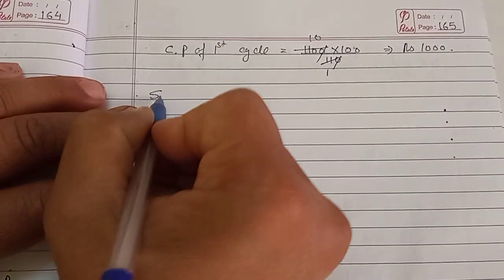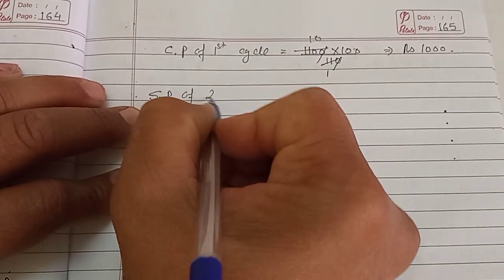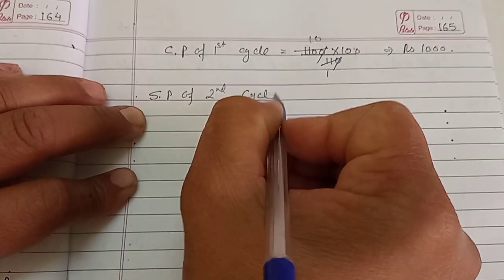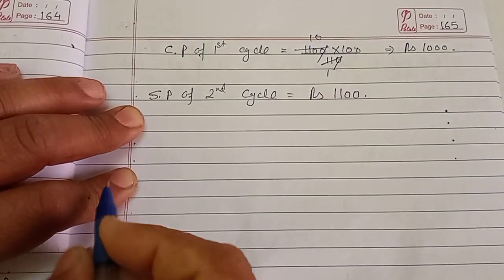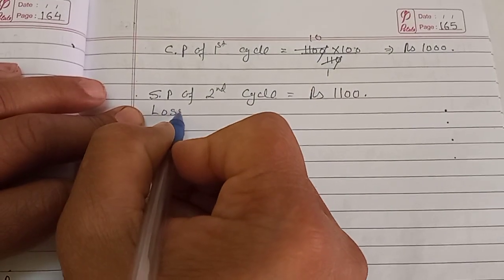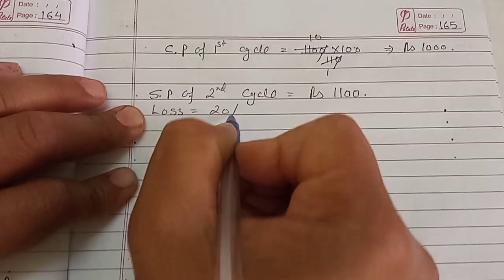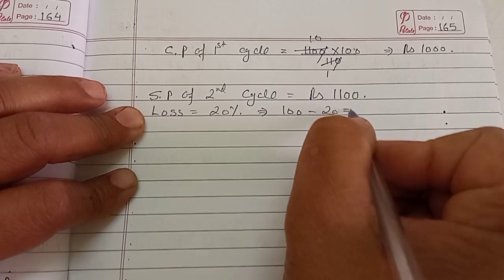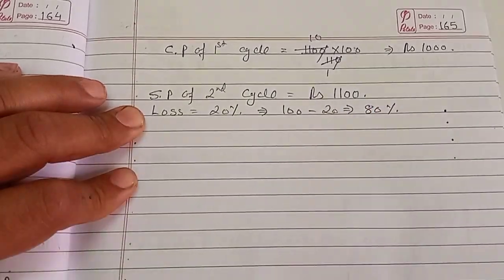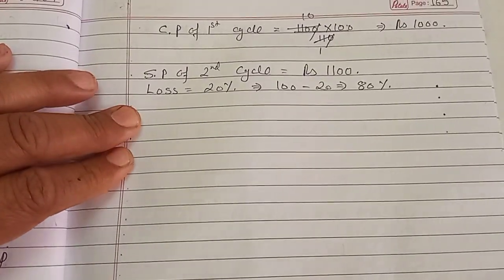Now, the selling price of the second cycle equals rupees 1100. But here it is a loss. How much? 20% loss. That means 100 minus 20, that is 80%. How to find the cost price?